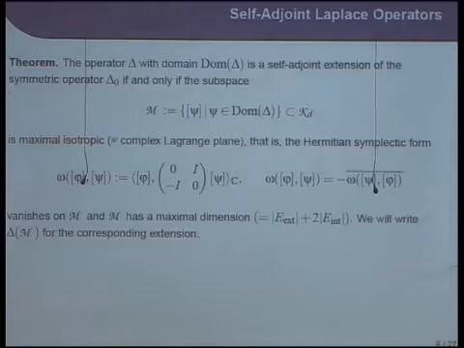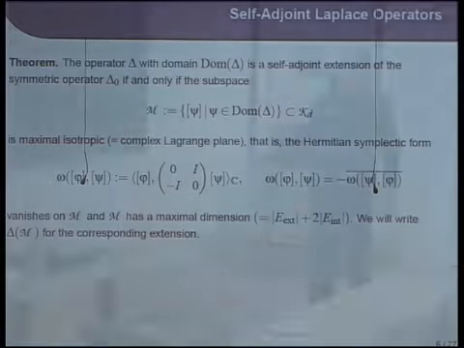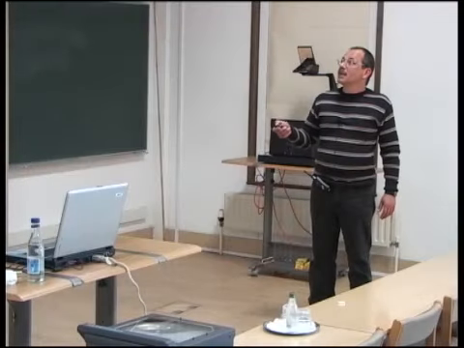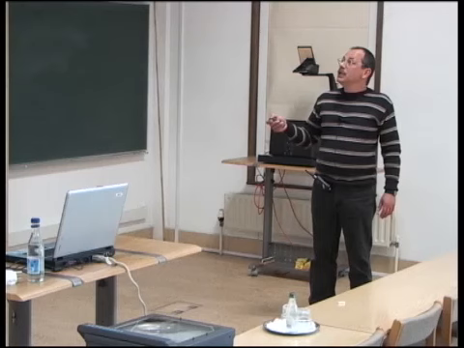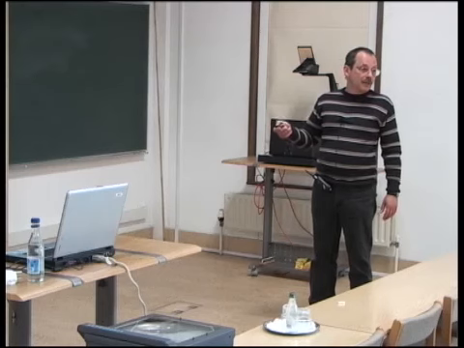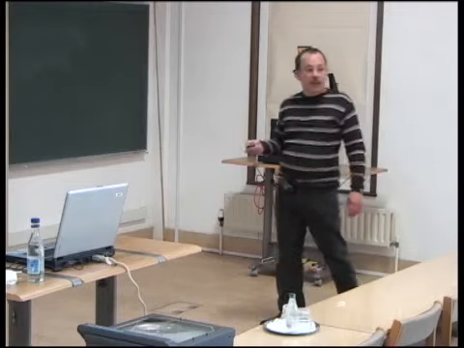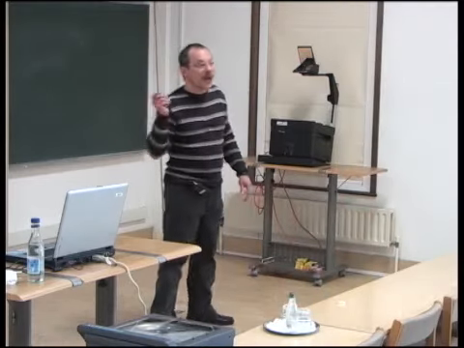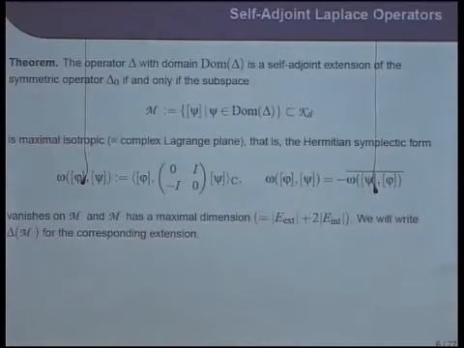And now the observation consists in the fact that the operator delta is a self-adjoint extension of delta 0 precisely when a Hermitian symplectic form, defined in such a way, vanishes on M and M has maximal dimension. So M cannot be extended to a larger space with the same property that omega vanishes on M.